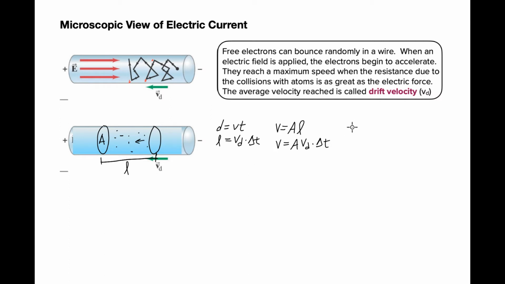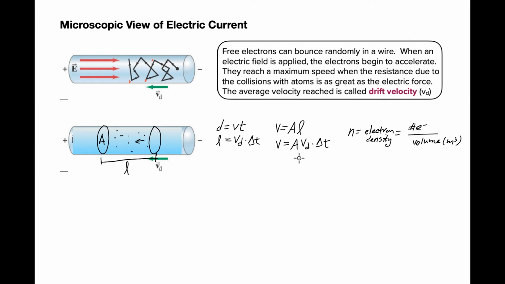We are going to say that n is equal to the electron density. That electron density, like any density, is always going to be per volume. So there is a certain number of electrons in a volume, and normally our unit for volume is going to be meters cubed.